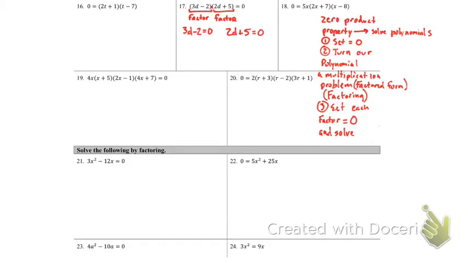And all we're going to do now is solve these equations like we did back in August. We're going to split the equations, and our goal is to get our variable by itself. So if you remember, we're going to add 2 first. That cancels. We're left with 3 times d equal to 2. And then we're going to divide by 3.